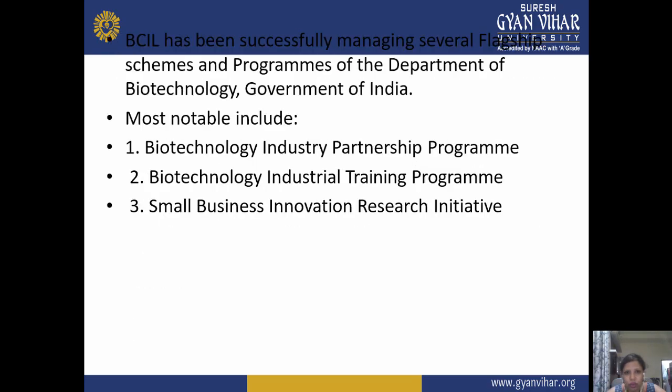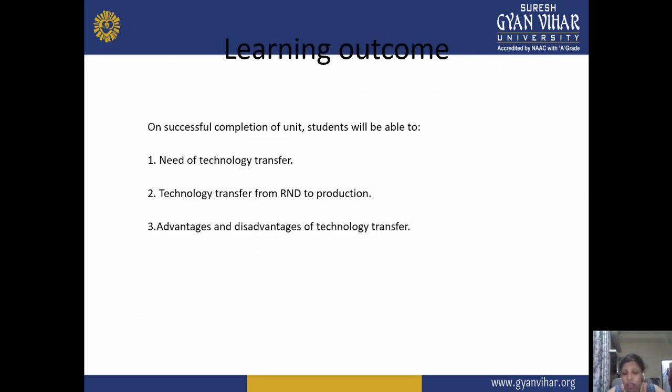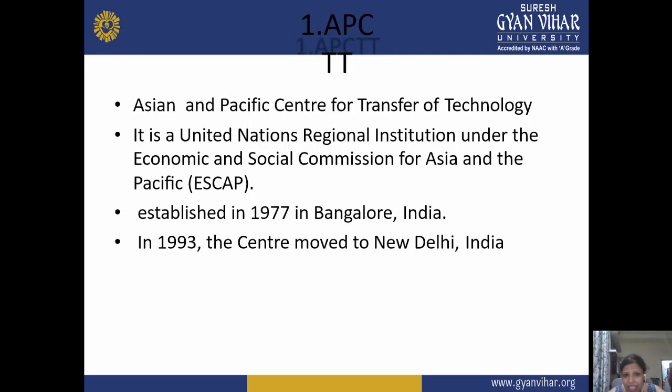So in today's video we have discussed the transfer of technology agencies. In this we have discussed many agencies. First one is the APCTT, that is the Asian and Pacific Centre for the Transfer of Technology. It was established in 1977, and in 1993 it was shifted to New Delhi.